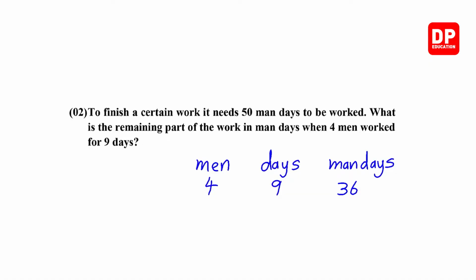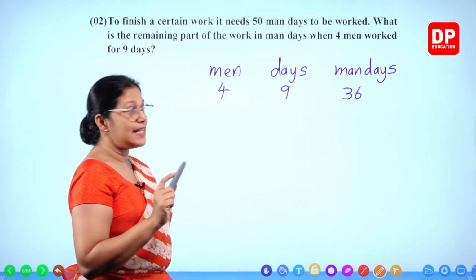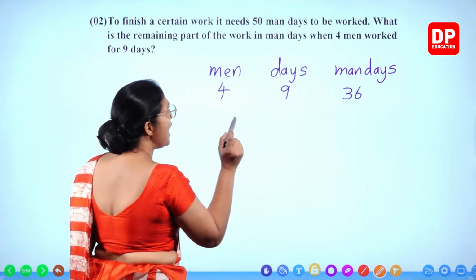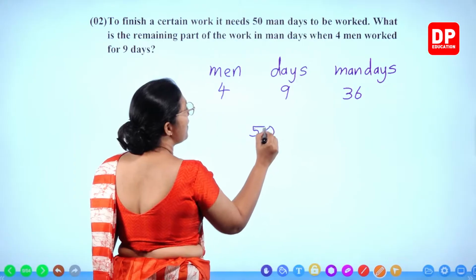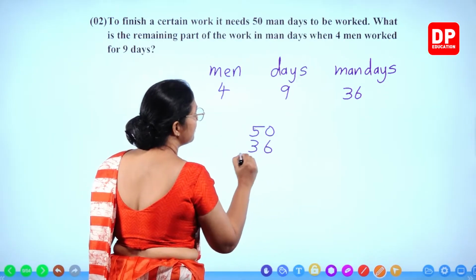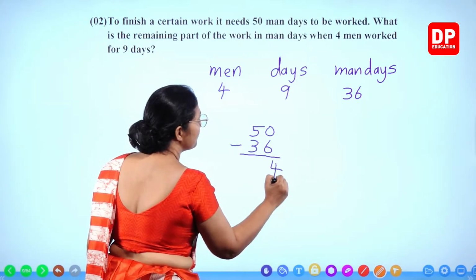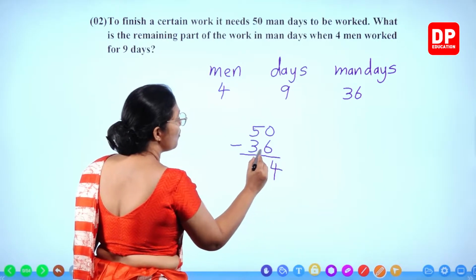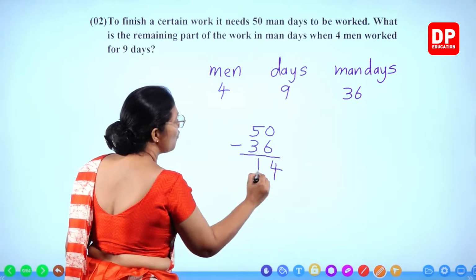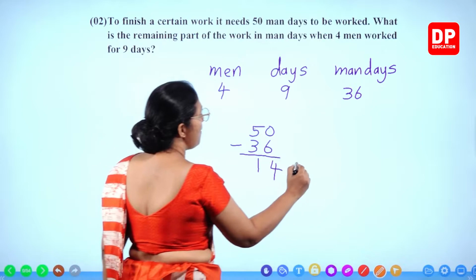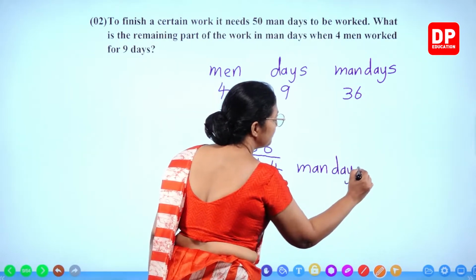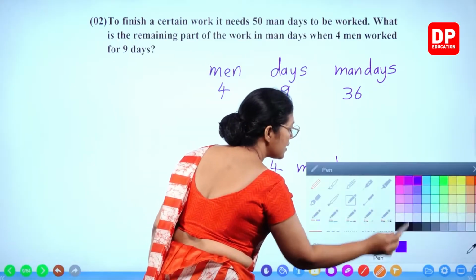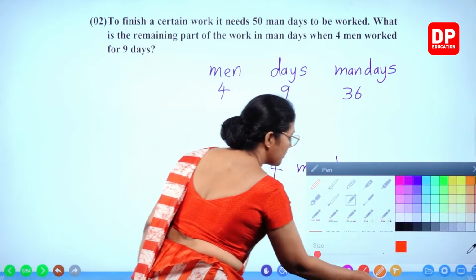To complete the whole thing, you need 50 man days. So what is the remaining man days? You can take 50 minus 36. So you get 14. So 14 man days are remaining. So you get 2 marks for that question.